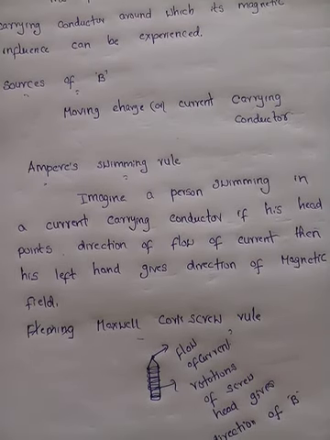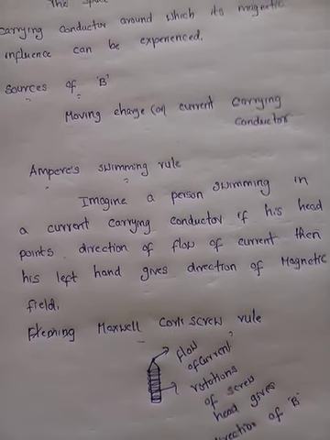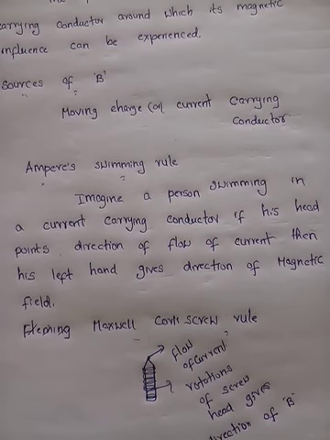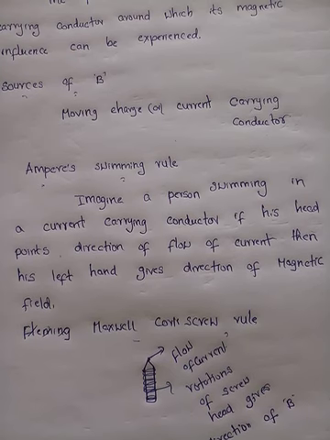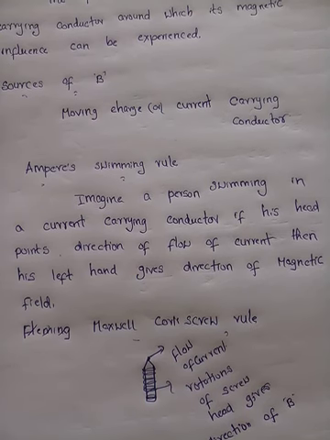If the screw is showing north direction, then the rotation of the screw head will be in anti-clockwise direction. So the magnetic field around that one is in the form of circular rings, in anti-clockwise direction.